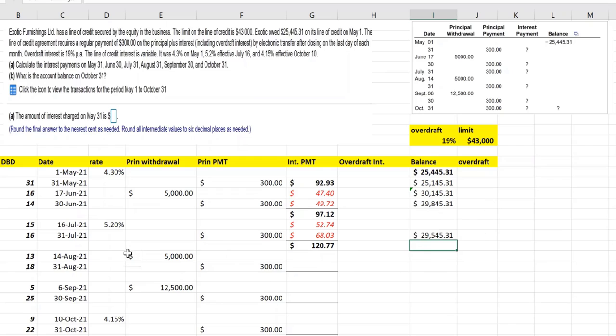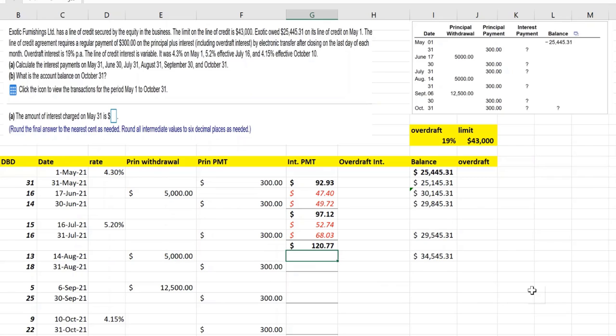Next, the next date is August 14th. August 14th, we borrowed an extra $5,000. That was 13 days later from the last date. If we borrow an extra $5,000, we adjust the balance by $5,000. We're now at $34,545.31. However, we still need to calculate the interest up to that date, right?